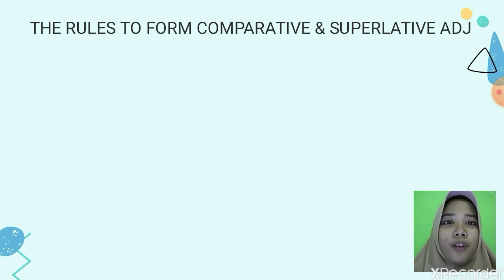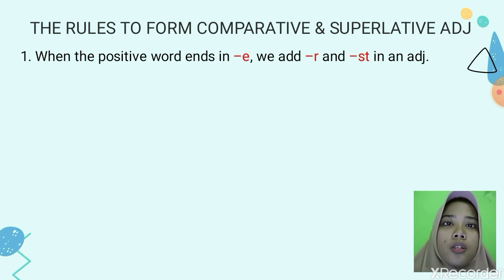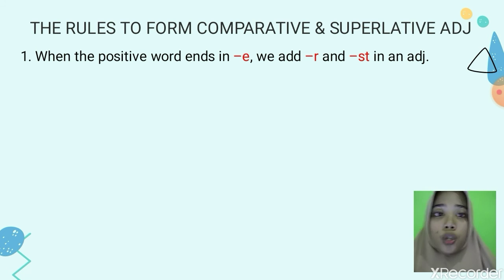So let's move on. Okay, so in the next part, I would like to tell you about the rules that are used to form comparative and superlative adjective. So the first rule is, when the positive word ends in e, we add r and st in an adjective. So r in this slideshow is used to indicate comparative adjective, and st for superlative adjective.